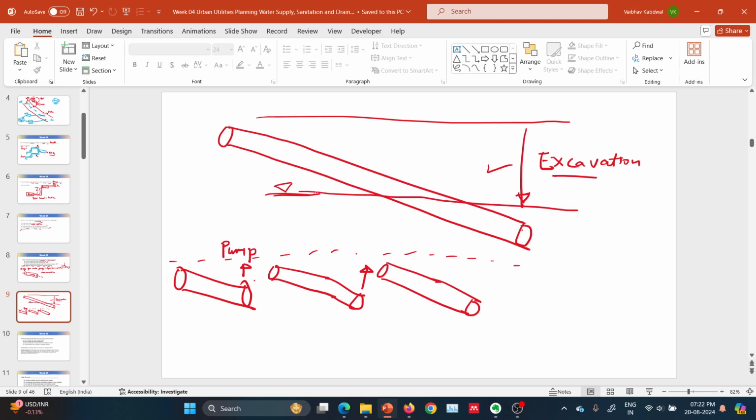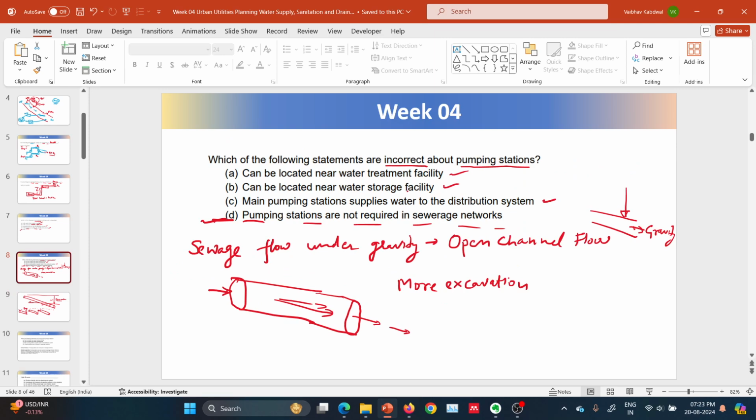Sewers are pipes, so they may have joints, and joints are most of the time leaky. So it can interfere with the groundwater. So that's why we are not going much deep. That's why we are pumping, so that we can again provide the gravity flow. So that's why pumping stations are required in sewerage networks also.